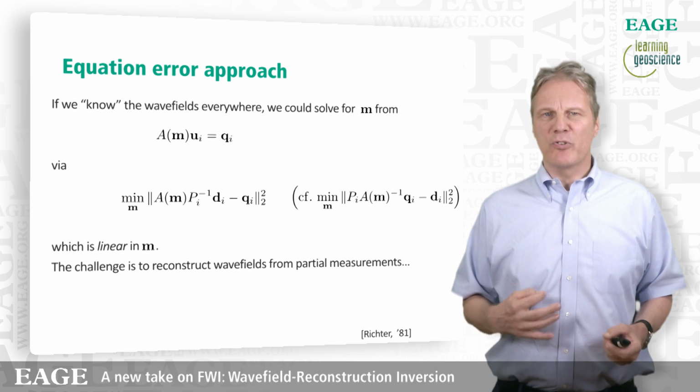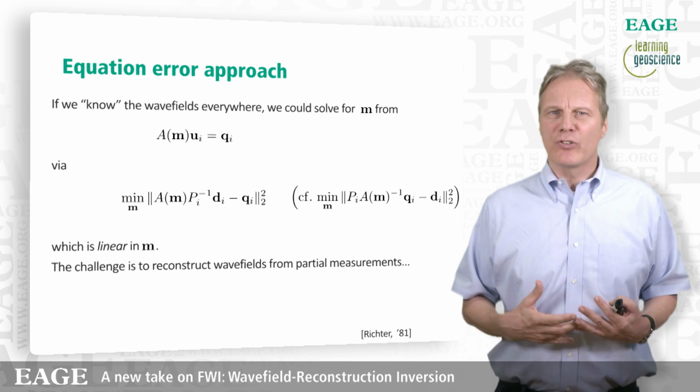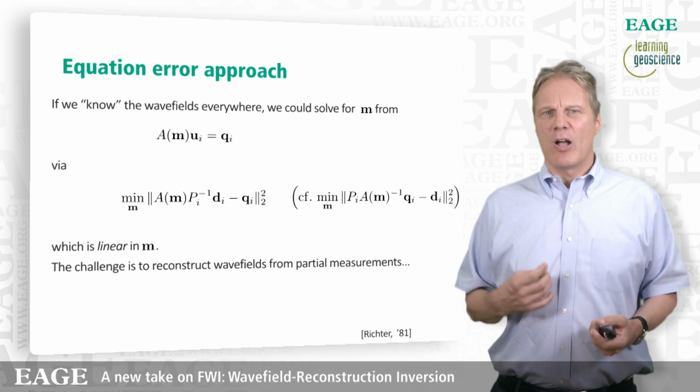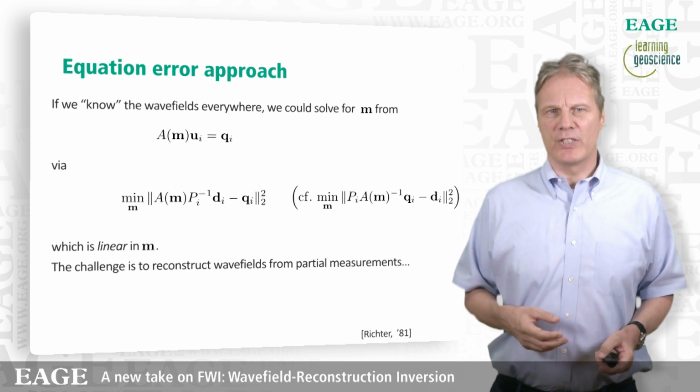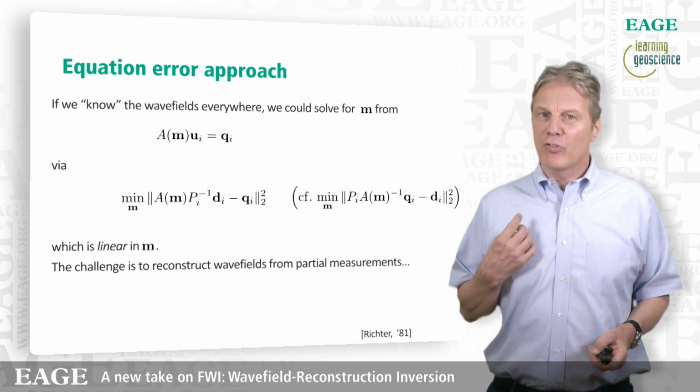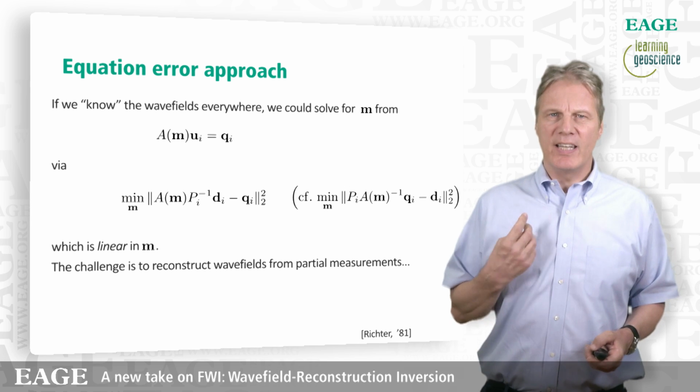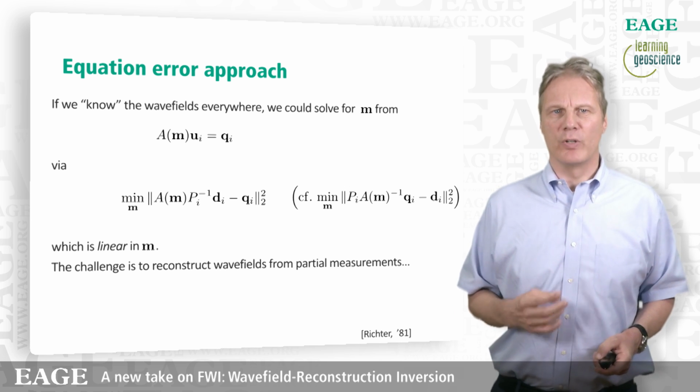Whereas in the other one we try to basically reconstruct the wavefield everywhere through this pi-inverse, and then we can actually use the wave equation to update for m, because the wave equation is linear in m if we know what u is.